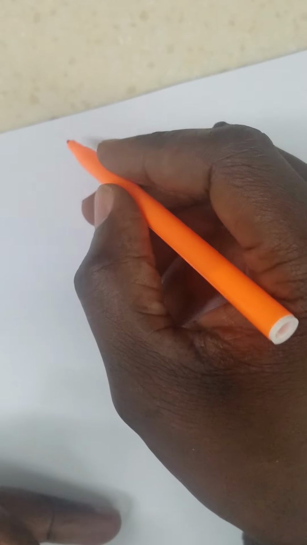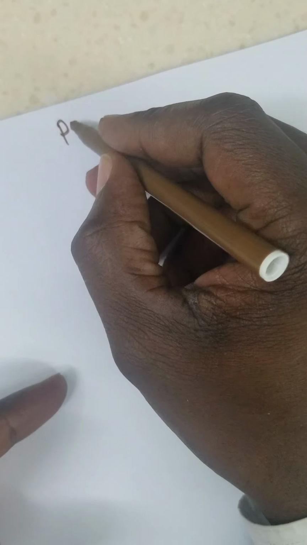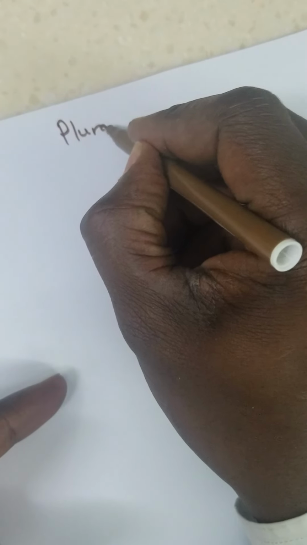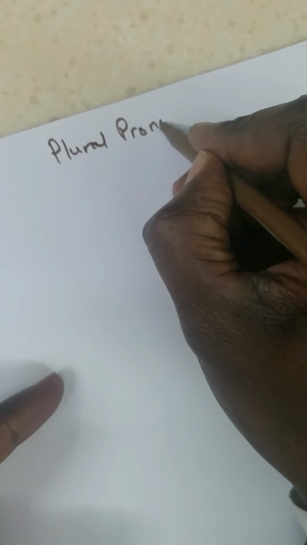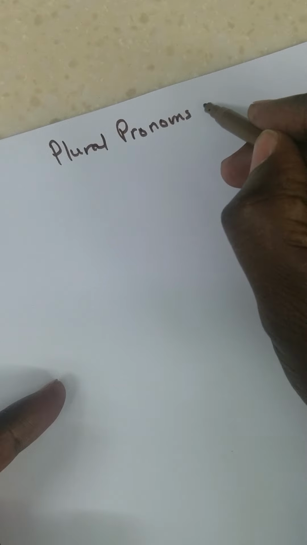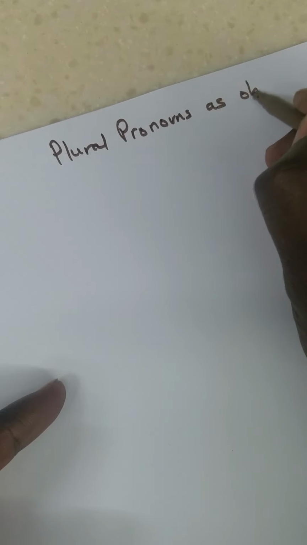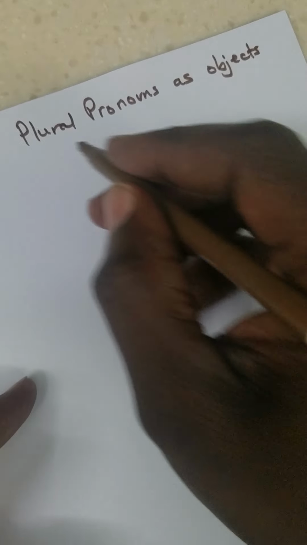But now, in continuation with the objects of the verb, I want us to look at the plural pronouns when they're used as objects of the verb.